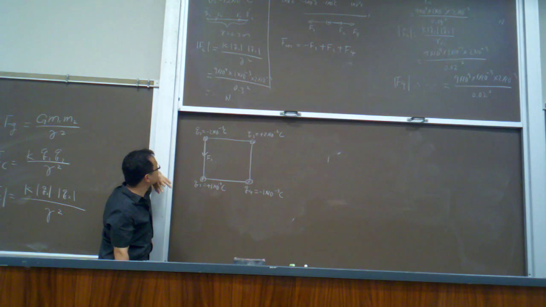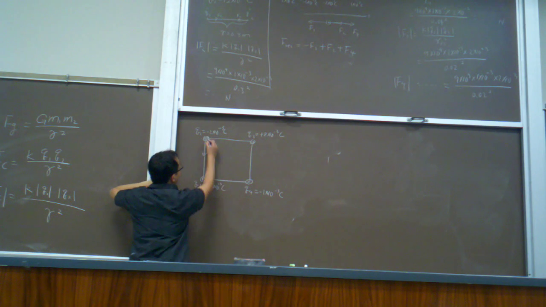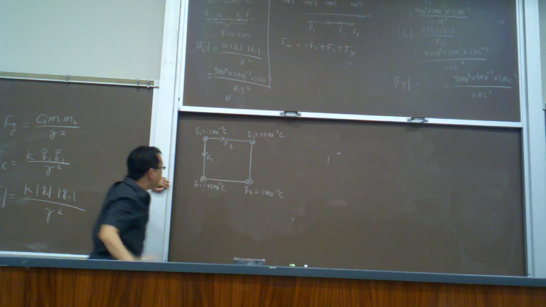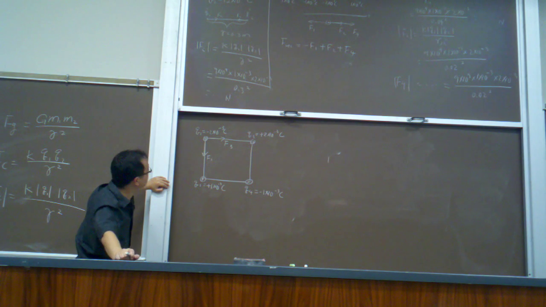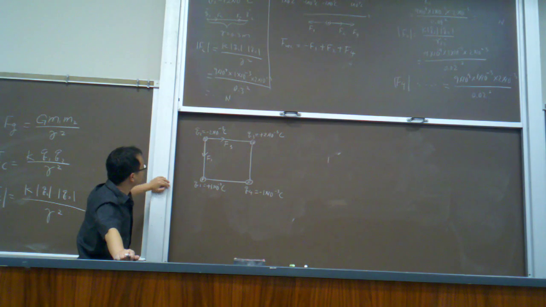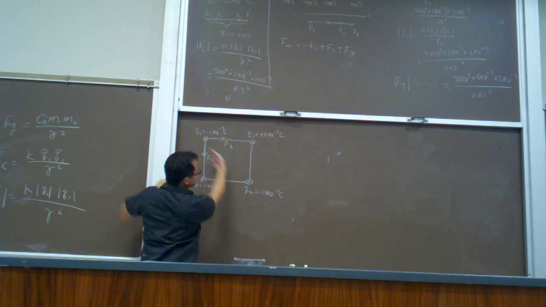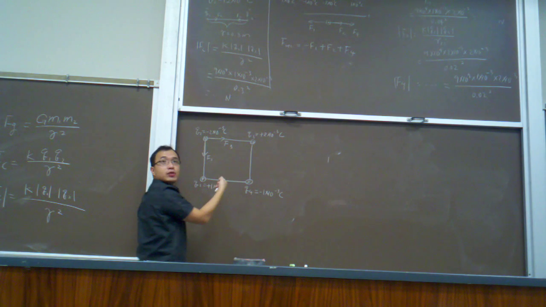It's attraction, so it should be to the right, toward Q3. How about Q4? It's negative, so it's repulsion, away from Q4, going to the upper left. It should be like this, right?